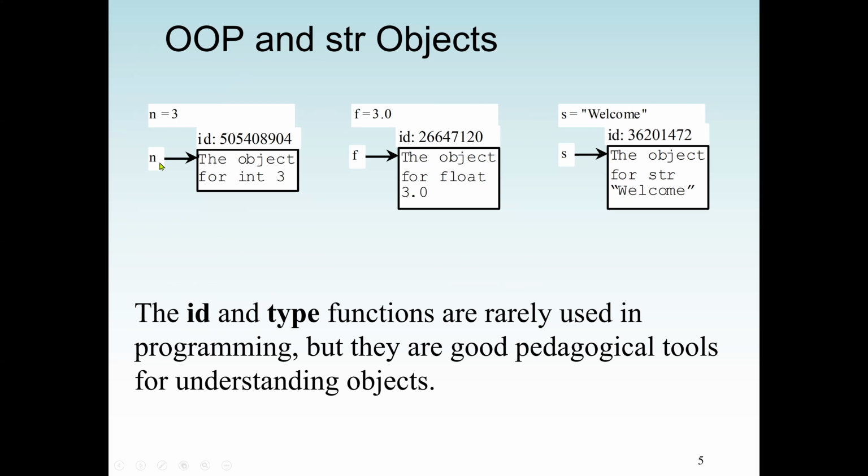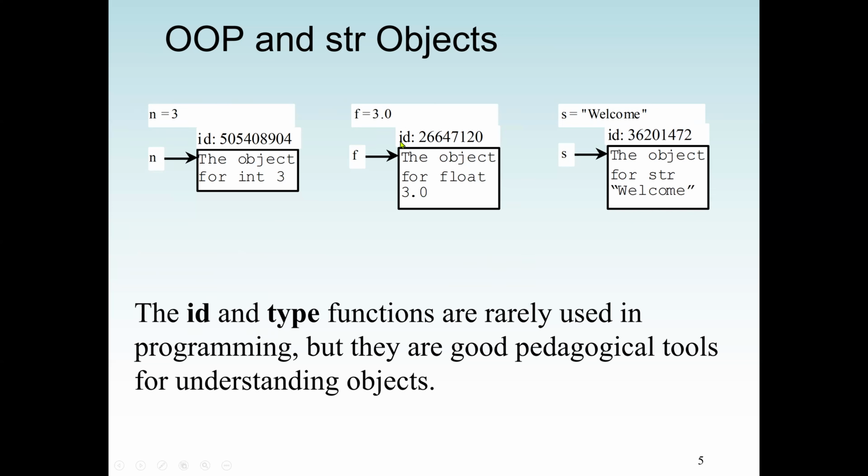When we create an object, we assign 3 to it. When we use the ID function, this is the unique number that was given to us. And since we assign 3 to it, if I use the type function, I'll get int. Same thing applies with f. We assign a 3.0 value to it, which is a decimal value.